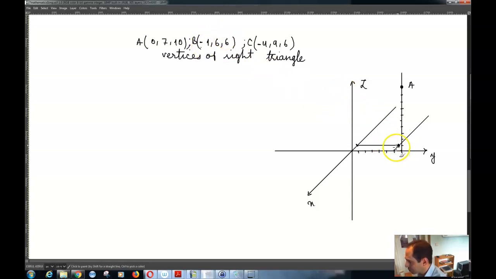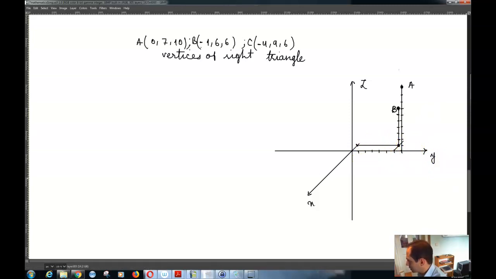Then perpendicular to that, 6 units up, 1, 2, 3, 4, 5, and 6, and that is your point B. I'm going to erase all of these things because I don't want to make this unnecessarily crowded.